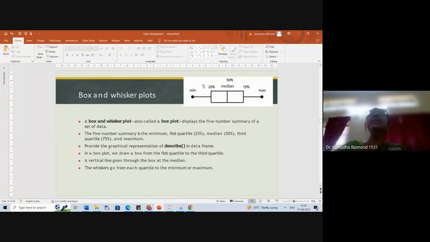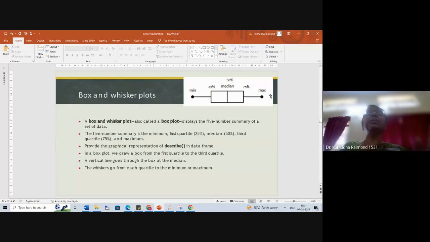You can see here, this is the median, that is the 50th percentile, which is actually the middle of this 25 to 75 percentile. And this particular one goes from the 25 percentile to the min, or from here 25% to the maximum.